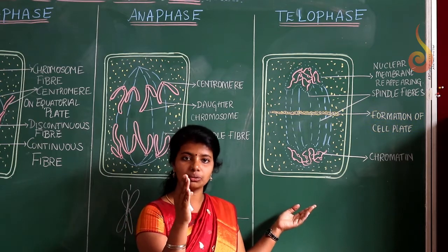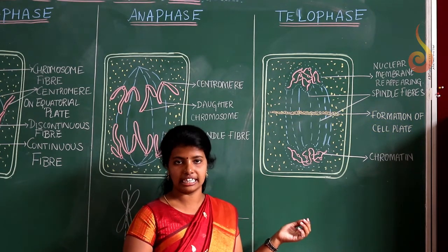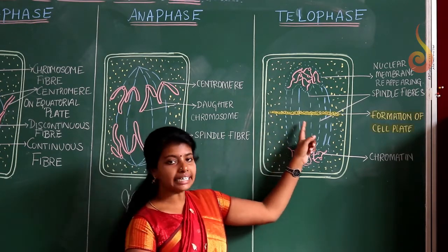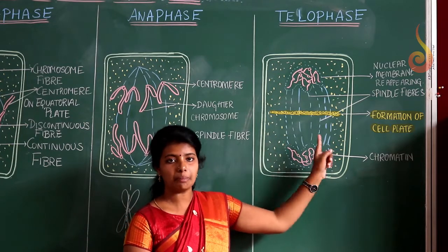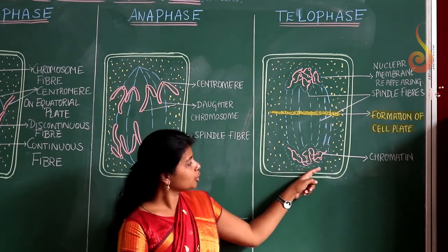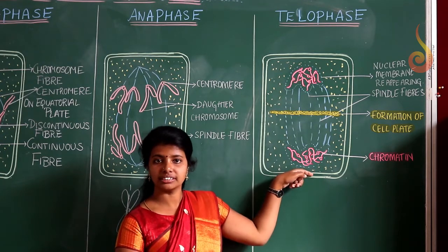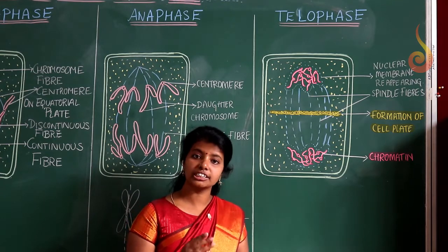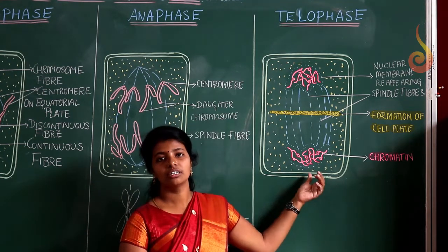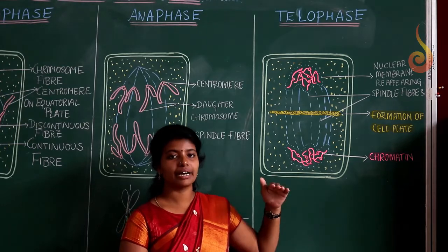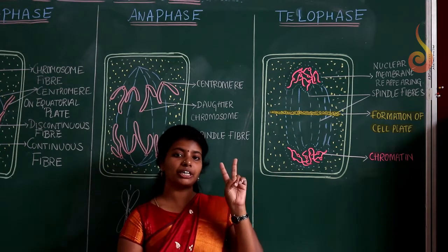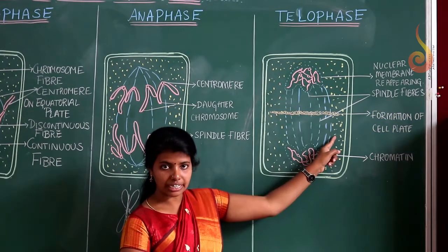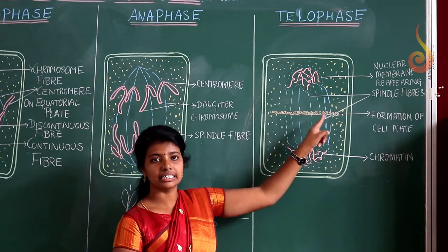So once you observe a telophase cell, the clue is that you will notice the midline which is called cell plate that will separate two darkly stained regions, that is nothing but daughter nuclei. Now we are not calling it daughter chromosome, it is called daughter nuclei. So by the end of telophase, there will be two nuclei separated by a cell plate within a single cell.